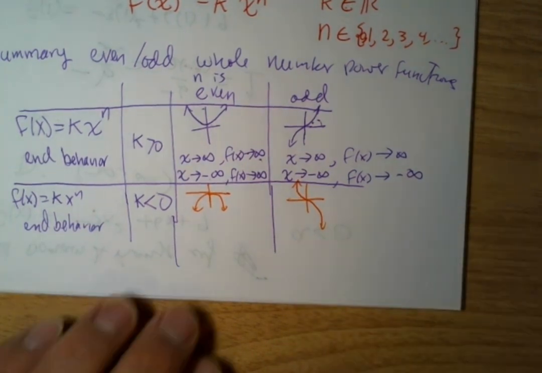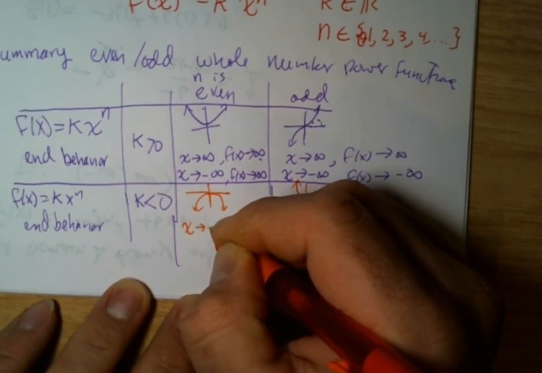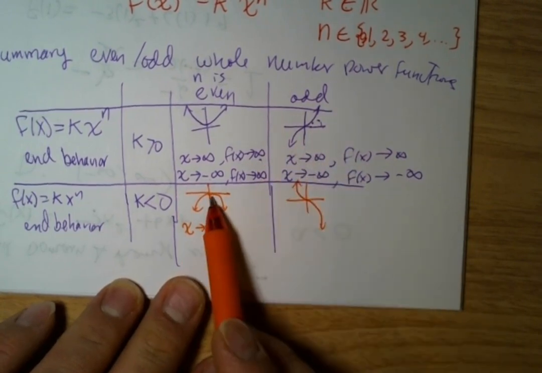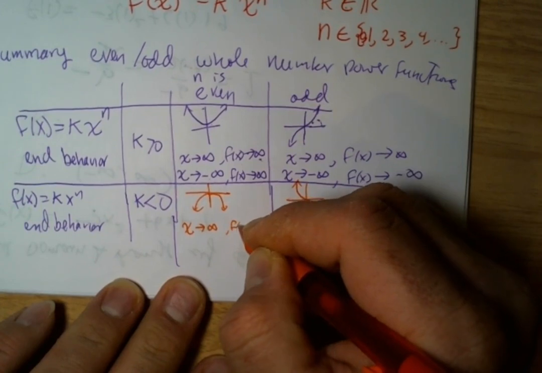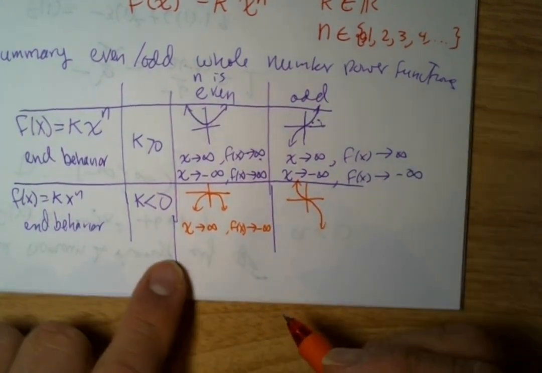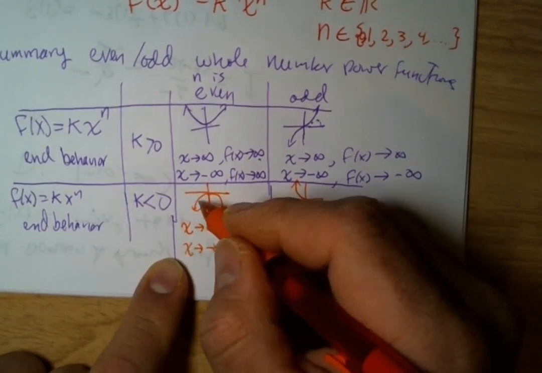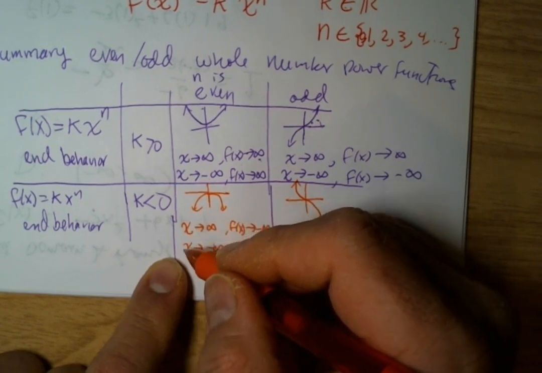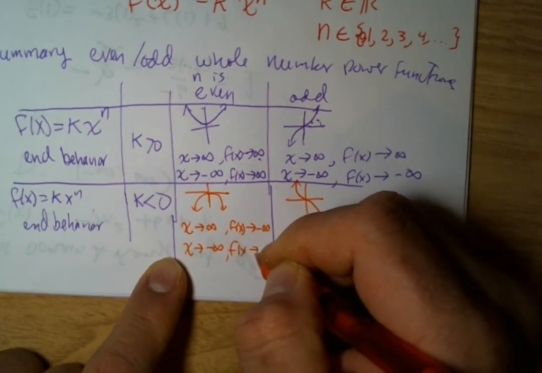Let's determine from the graph what happens as x goes to infinity. As x goes to positive infinity, we see values keep getting more and more negative. So f of x goes to negative infinity. As x goes towards negative infinity, going in the other direction, the values also go towards negative infinity. It keeps getting more negative. So f of x goes to negative infinity.